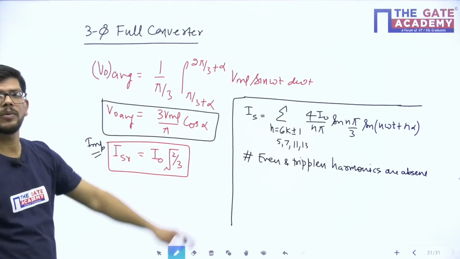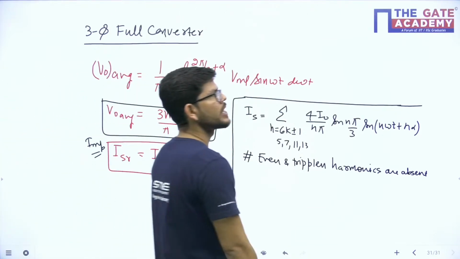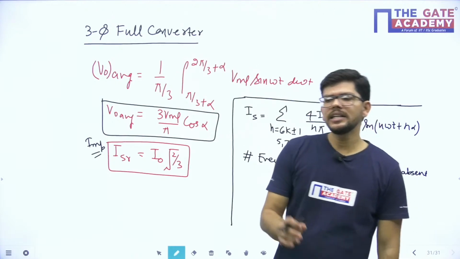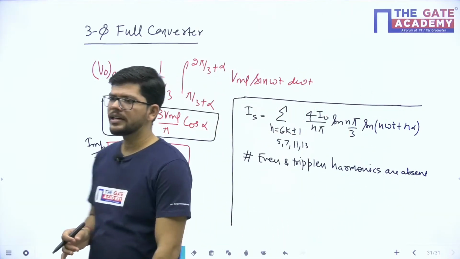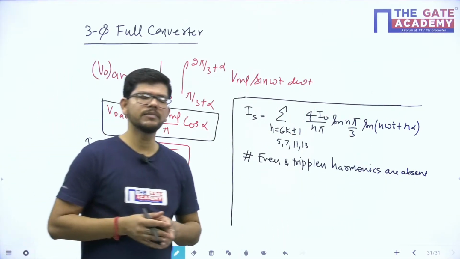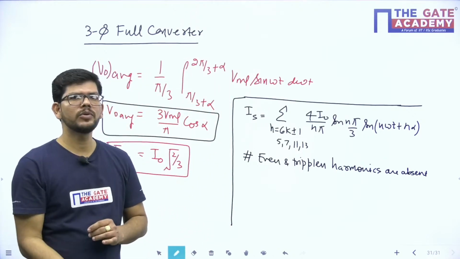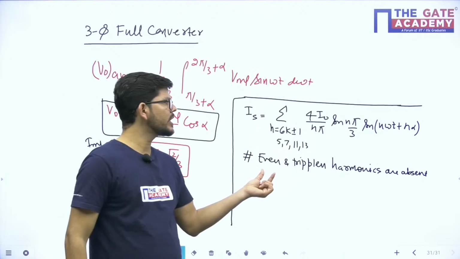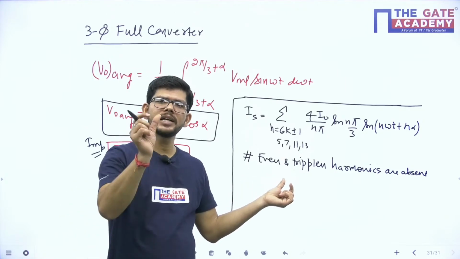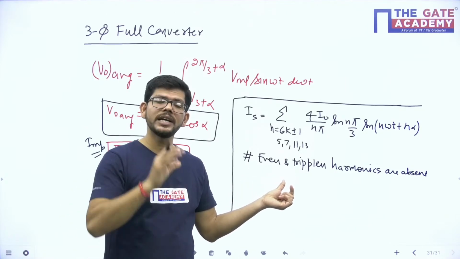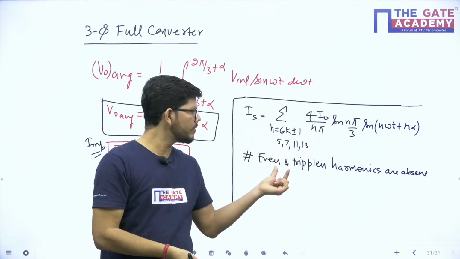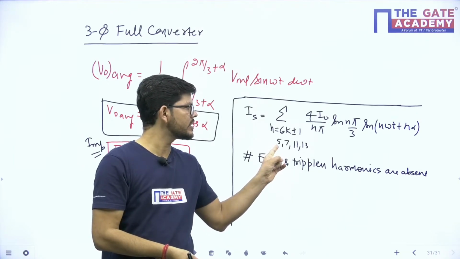This is very important. There are questions I have seen, where they write that in a three phase full converter the fundamental frequency is 50 Hz, and ask what the frequency of the next harmonic will be. If the fundamental has a frequency of 50, then the next harmonic will have a frequency of what? See, it starts from the fifth.